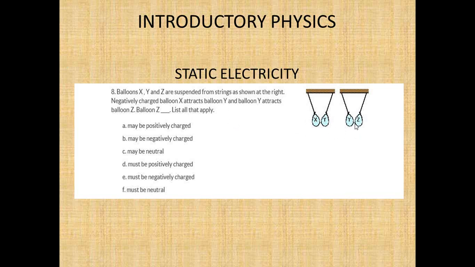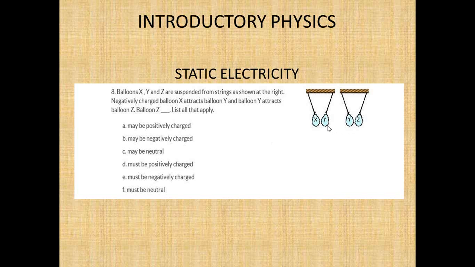Or Z could be positive, and if Y is neutral, it will be attracted. Z may be neutral, because if Y is positive and Z is neutral, they'll be attracted to each other. So Z may be charged: positively charged, negatively charged, or neutral.